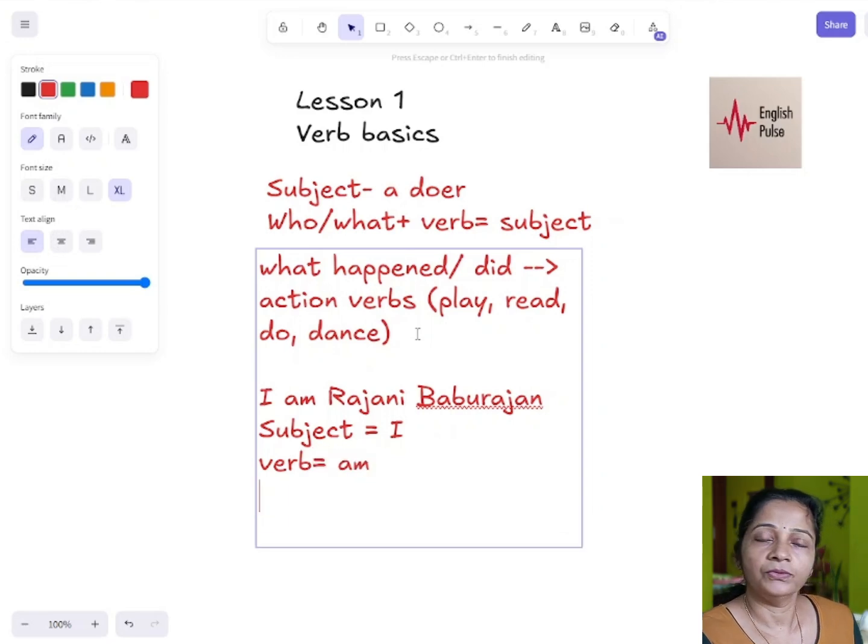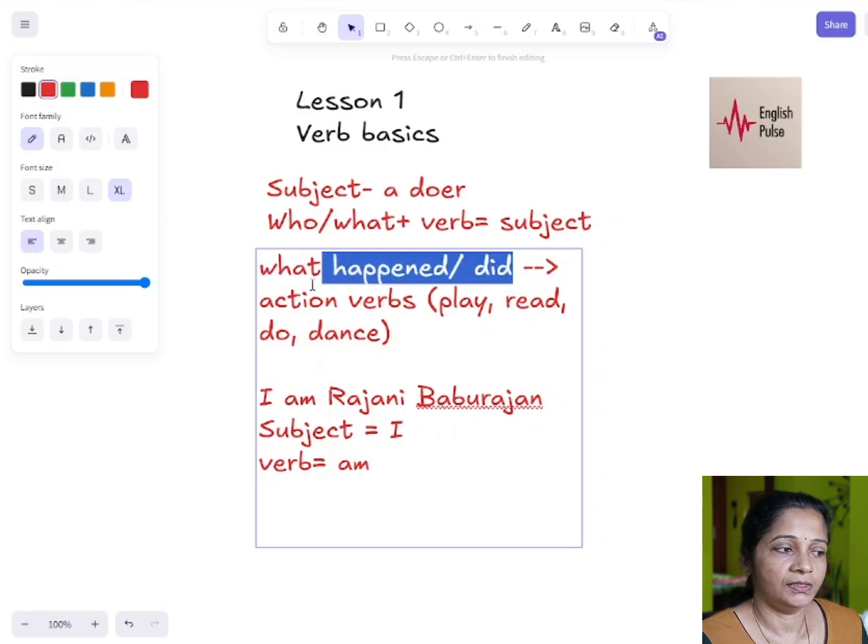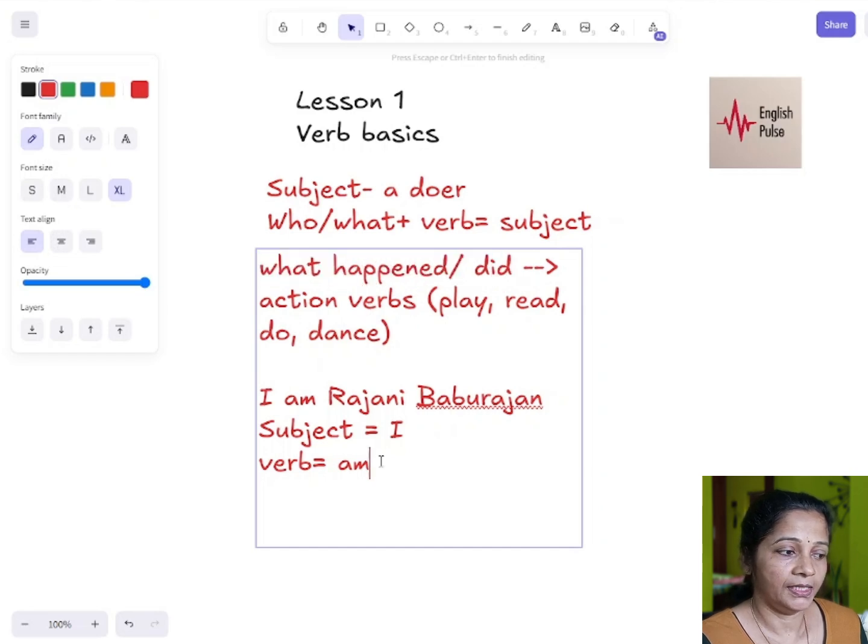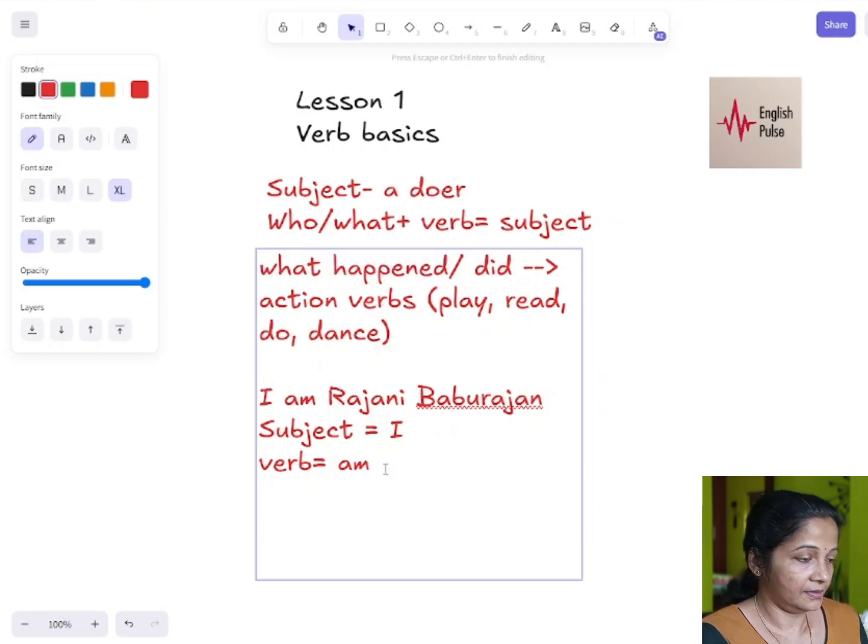So how do you know that this is the verb? Because it talks about the subject. So what we said, what happened to the subject or what the subject did, that is action verbs. Now here, what we talk about is the state of being of the subject.